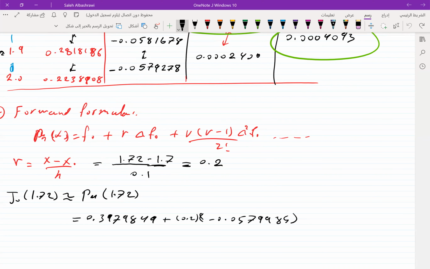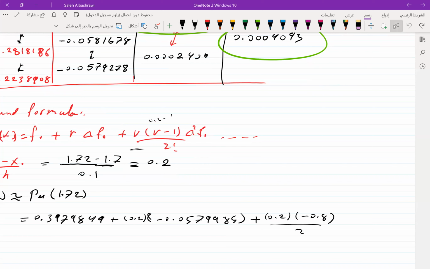Now go for the second term. Plus, that would be 0.2, this is r. And 0.2 minus 1 will give me minus 0.8, divided by 2, multiplied by the second difference.